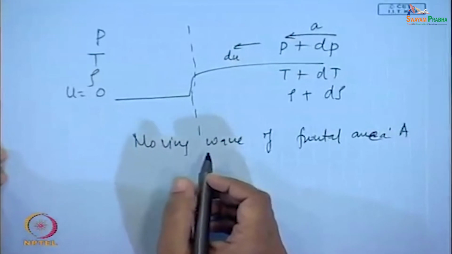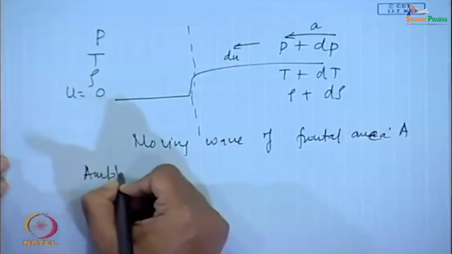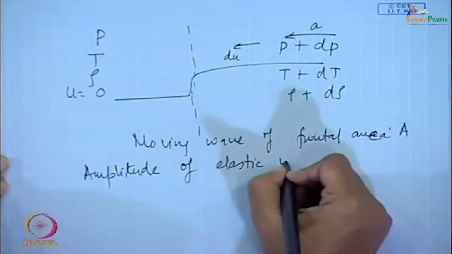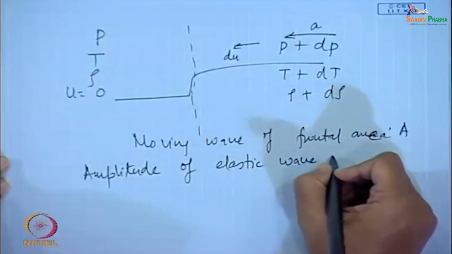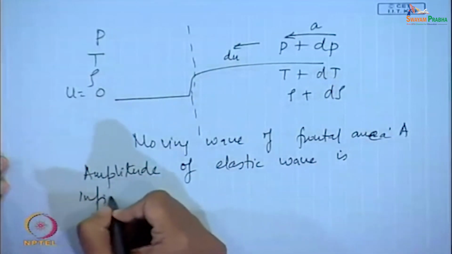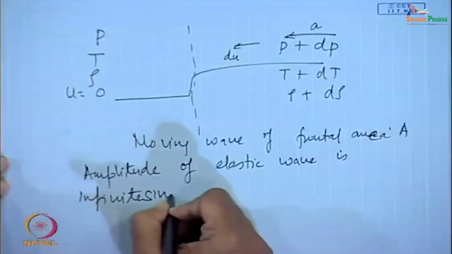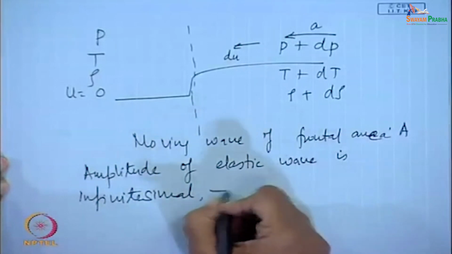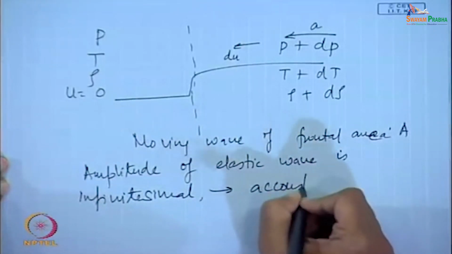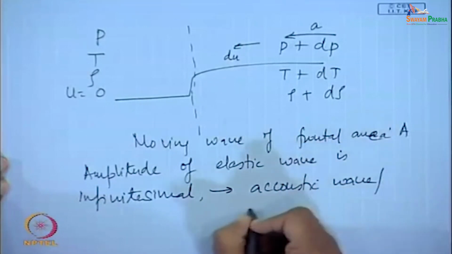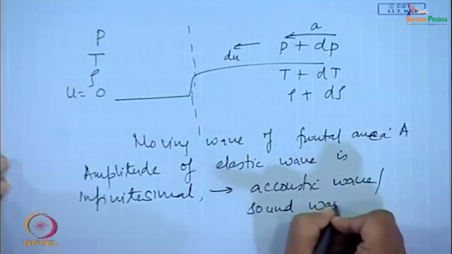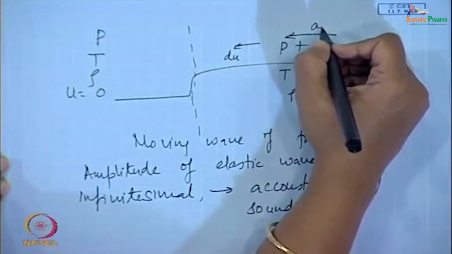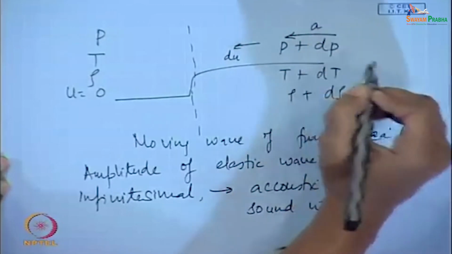Now, assuming that the amplitude of the elastic wave is infinitesimal, we can assume it to be an acoustic wave or a sound wave, as a result of which its velocity can be defined as A, the acoustic velocity in that particular medium under those conditions.